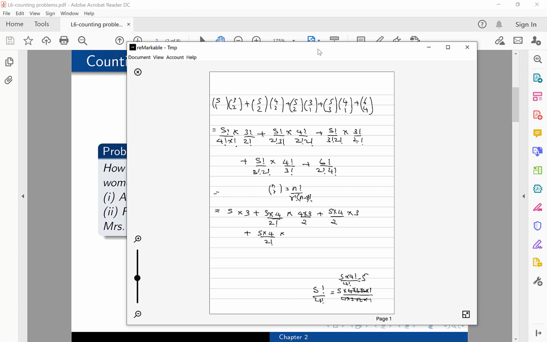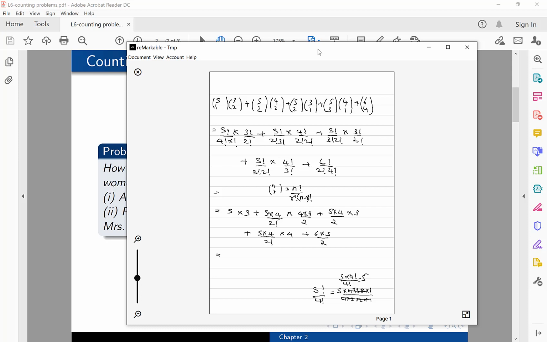factorial times 4, plus 6 times 5 divided by 2.